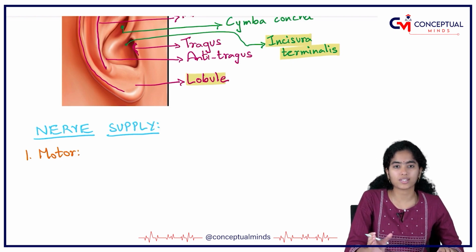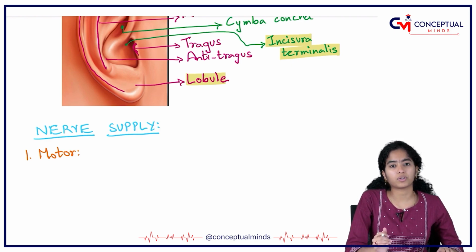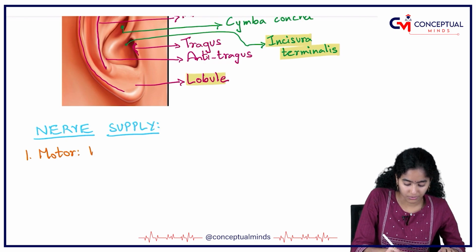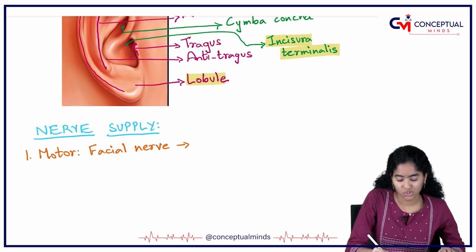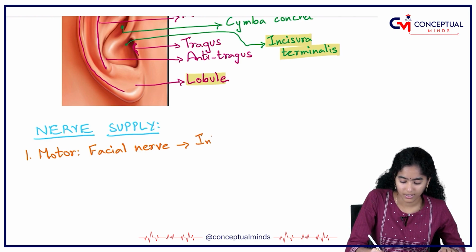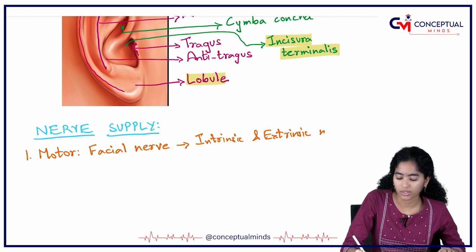Intrinsic muscles are the ones present within the cartilage of the auricle, and extrinsic muscles come from outside, usually from the scalp. These muscles are supplied by the facial nerve. They adjust the position of the auricle. So the facial nerve supplies the intrinsic and extrinsic muscles of the auricle.